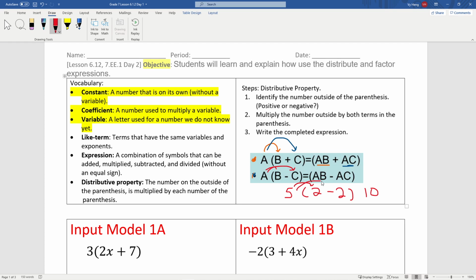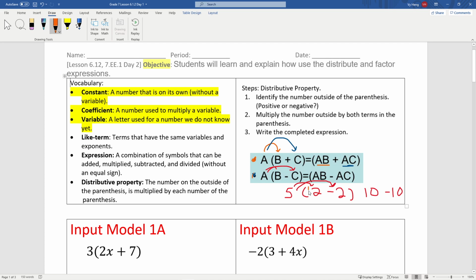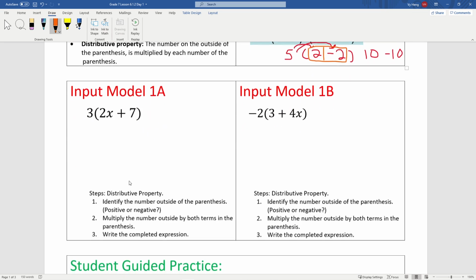Then if you multiply 5 again, or distribute it, you could use distribute because it's the same thing as saying multiply, you're going to get a negative 10, because a positive times a positive is a positive, and a positive times a negative is a negative 10. If I wanted to, I can box the inside to show you, because some of you need to see it. Here's a positive, a negative. So a positive times a positive, and a positive times a negative. Okay, cool. Let's go on to the actual problem.